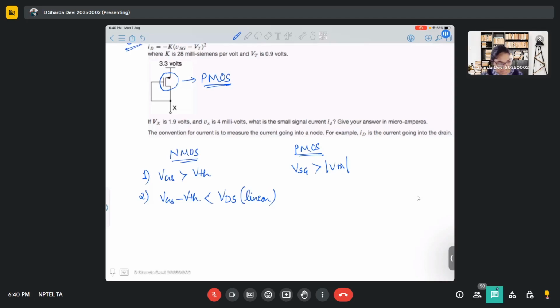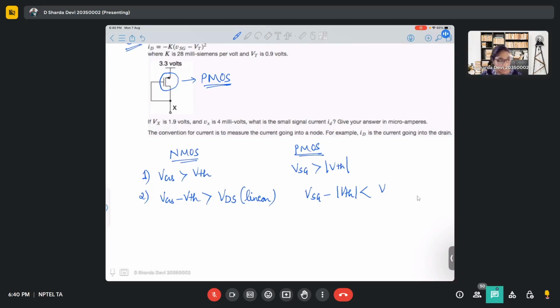Sorry, in NMOS, to be in linear, VDS should be smaller, VGS minus VTH is greater than VDS.